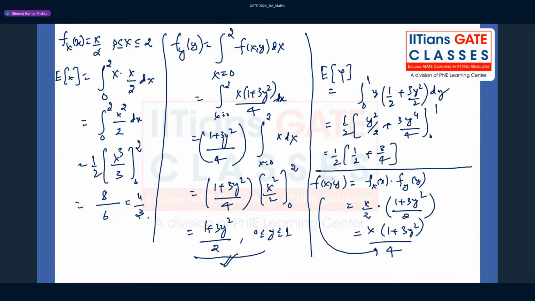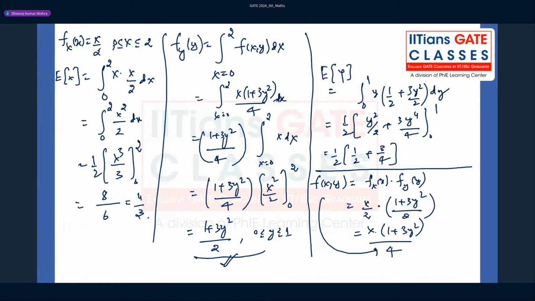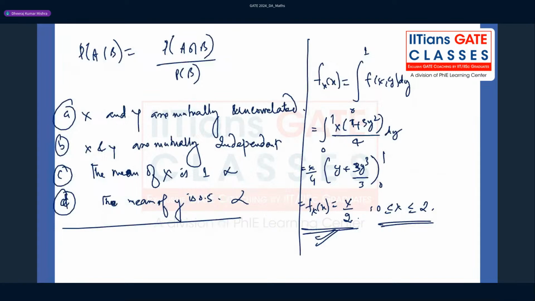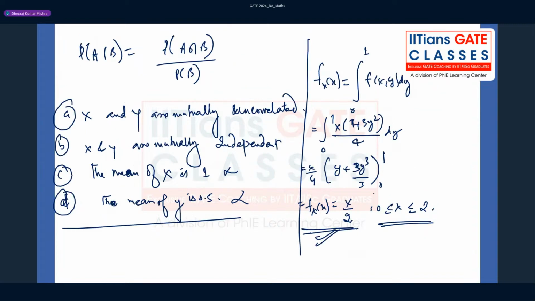They have given the joint distribution, and we get the product of the individual marginal density functions also the same. So they are independent in nature.